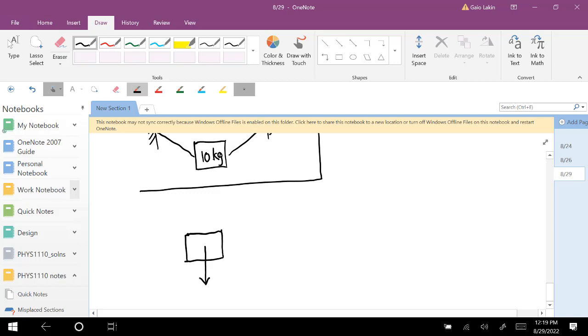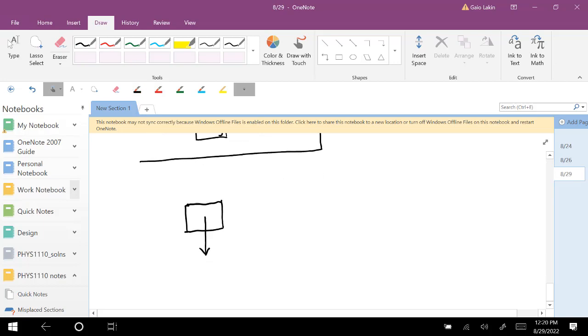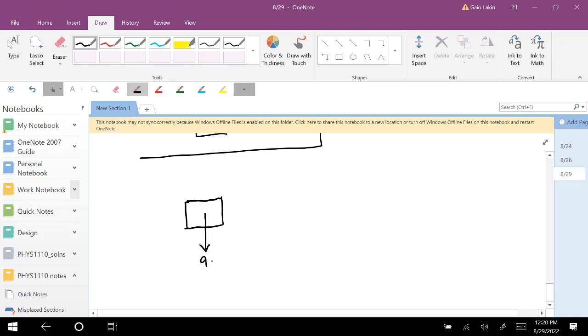And we're going to associate that downward arrow with a scalar value or variable. In this case, we know the value. The force is going to be 10 kilograms times 9.81, so 98.1 newtons.